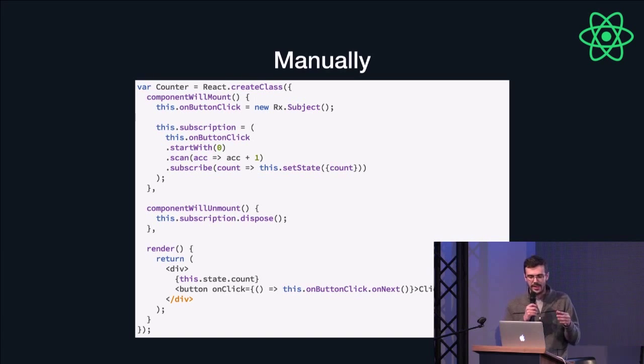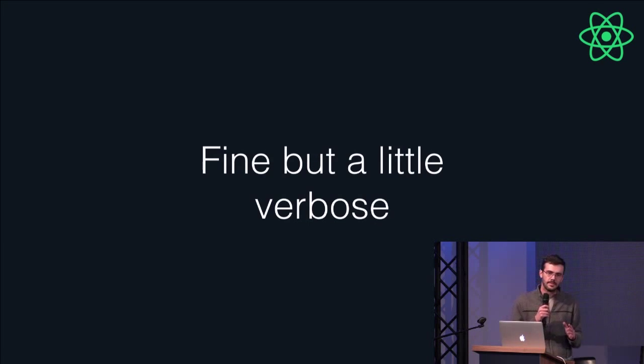Then, when the component unmounts, we will have to dispose of this subscription. Finally, you can see in the render method that I don't pass the onButtonClick subject directly as callback for the onClick handler, but a function that will call the onNext method of the onButtonClick subject. So it's fine, but it's a little verbose.